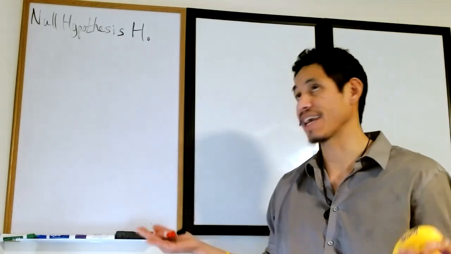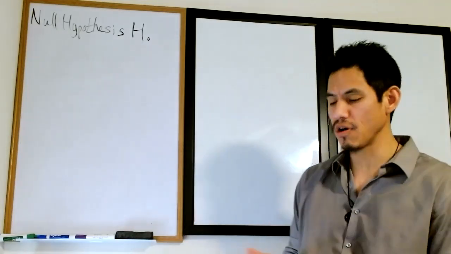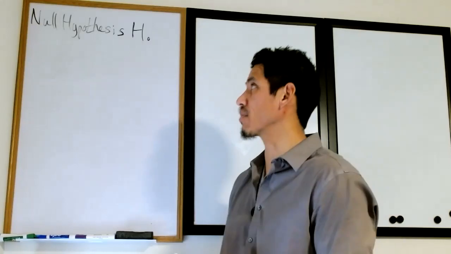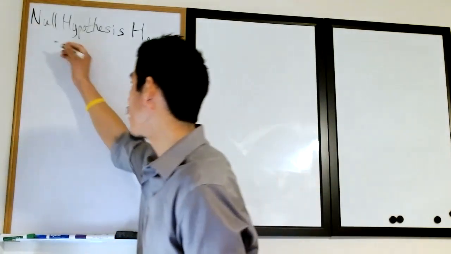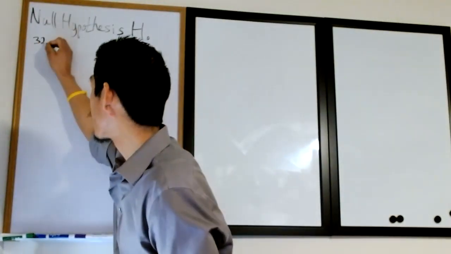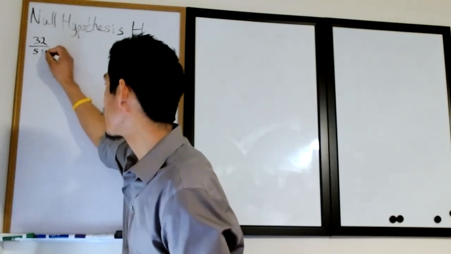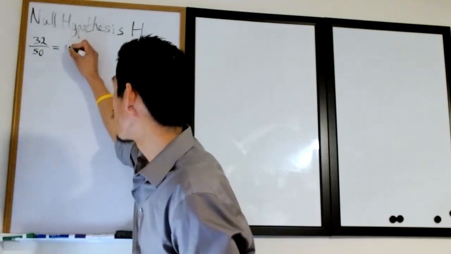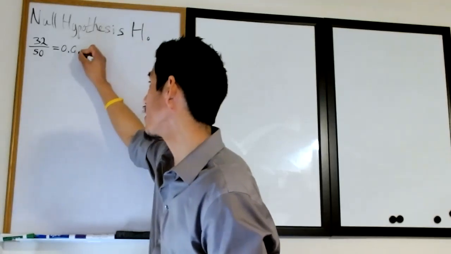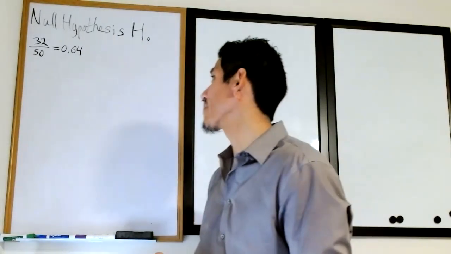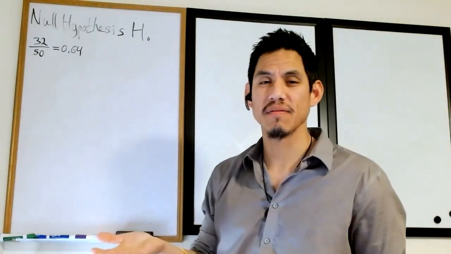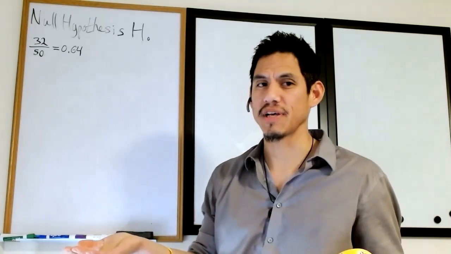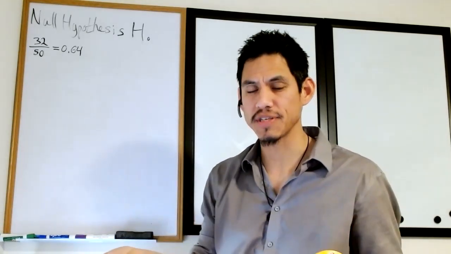You end up getting fouled over and over, and you end up shooting 50 free throws, but you only end up making 32 out of the 50. So you only end up making 64% of them, or 0.64. And that's not 80%. You said you can shoot 80%.